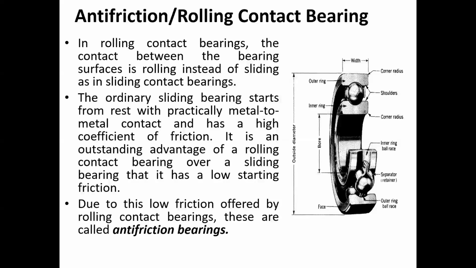But as there is a point contact in the pure rolling motion between the two surfaces in motion, the friction value right from zero speed is very less. Due to this low friction offered by the rolling contact bearing, these are called anti-friction bearings.